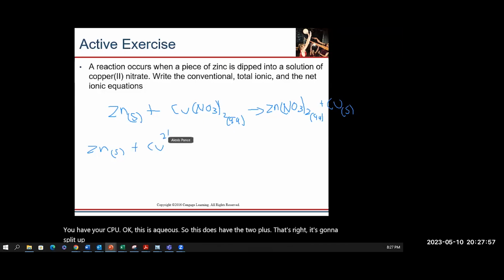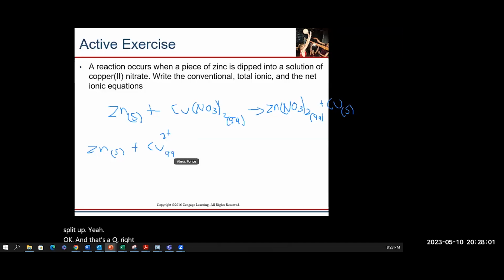And that's aq right here. And then the NO3, there's 2 of them, 2 NO3s, and that's aqueous and that is a minus 1.